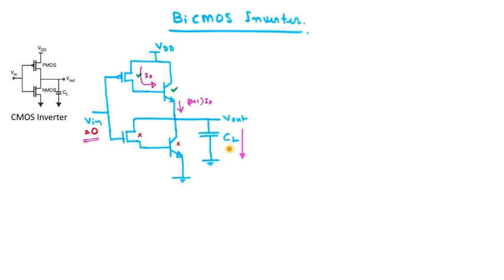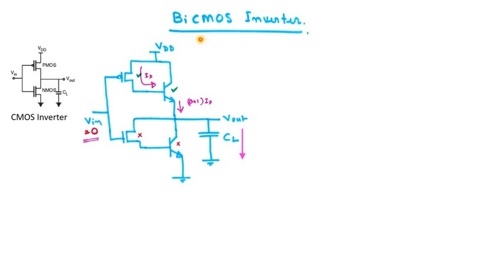So the output load capacitor CL will be charged by a current of (1 plus beta) times ID. But in a CMOS inverter, when Vin is equal to 0, CL is charged by a current equal to ID, not (1 plus beta) times ID.